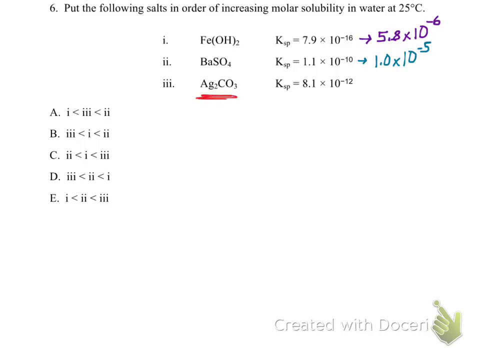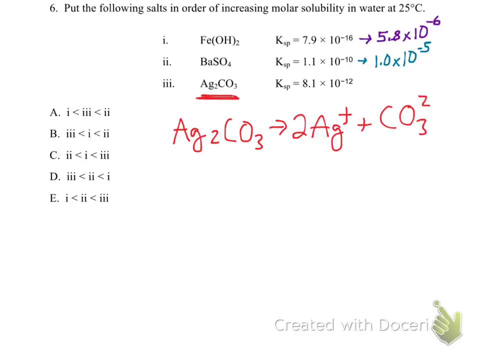Finally, we're going to solve for the molar solubility of silver carbonate. Now, because silver carbonate breaks apart into a total of 3 ions, it turns out that the math to the ICE table works out very similarly to how the iron hydroxide did. So I'm going to skip to the step where we plug everything into our equilibrium expression here.